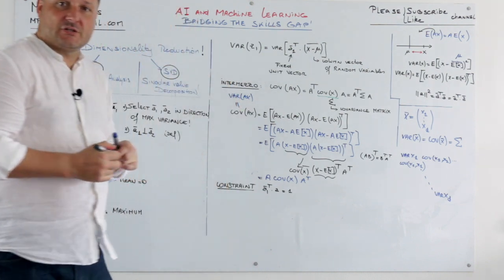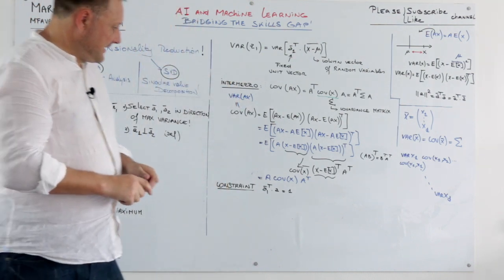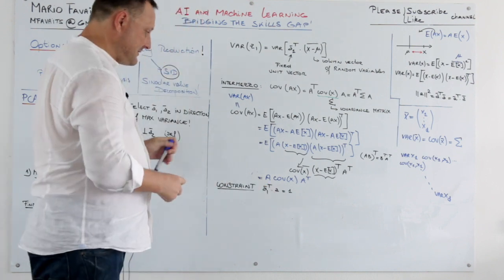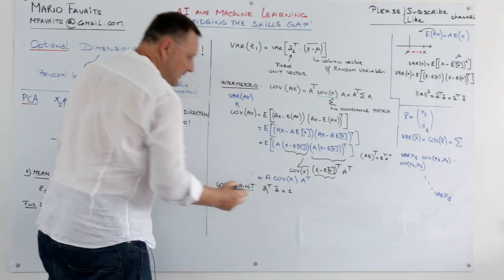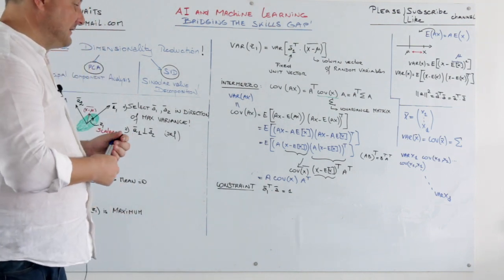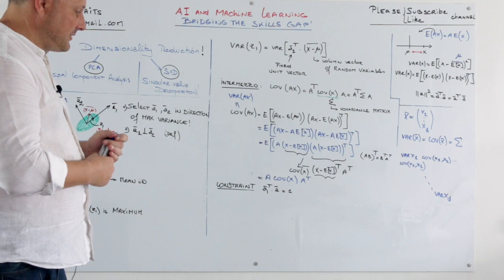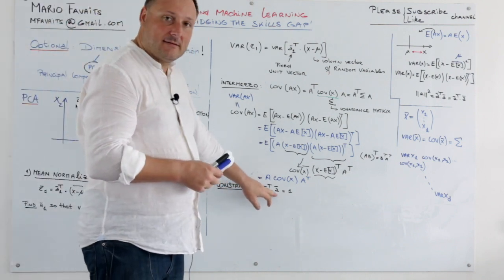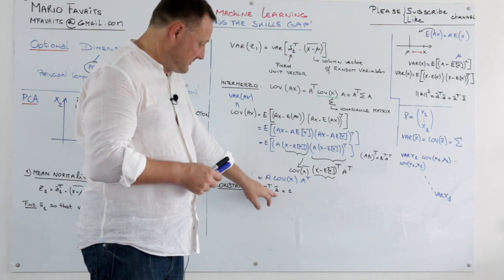This is per definition. You take a vector transpose times the vector and it is 1. We've seen that in linear algebra as well, because these are unit vectors.